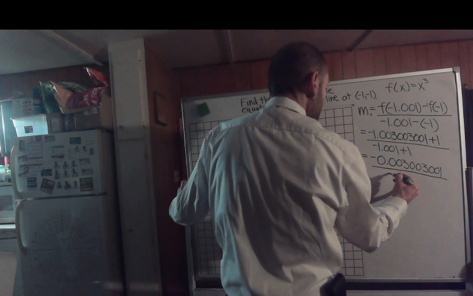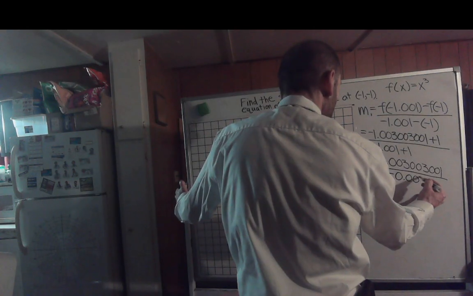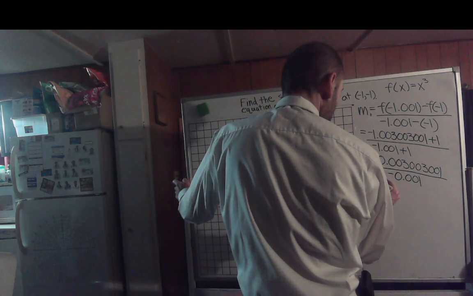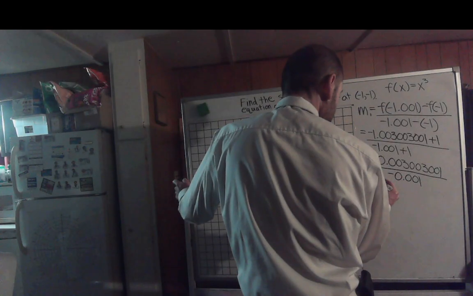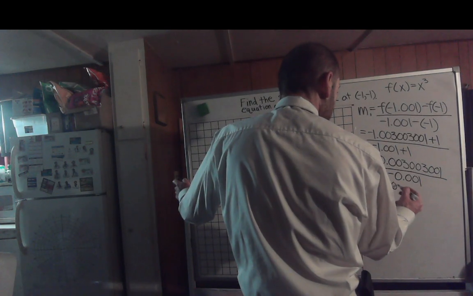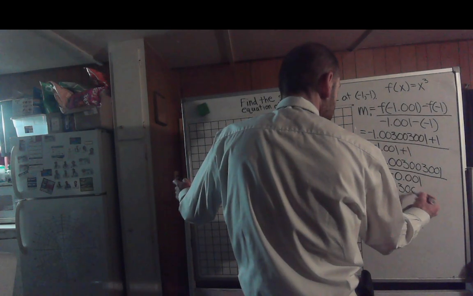-0.00300300301 divided by -0.001, which we know the negatives are going to cancel out. So when you simplify this, you would end up getting about 3.00301.